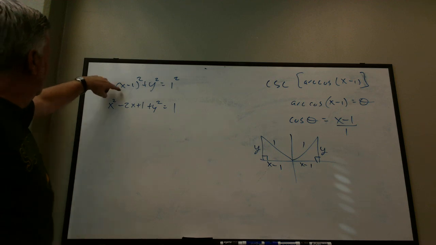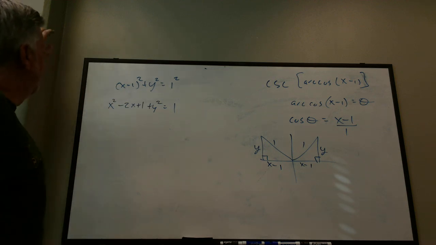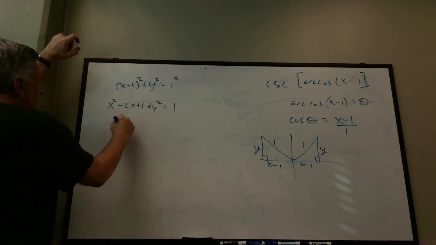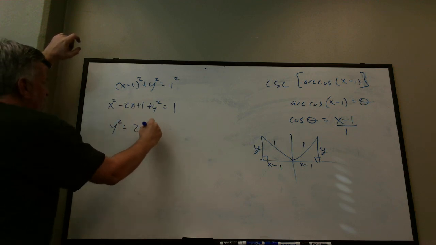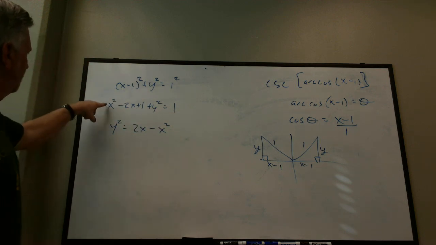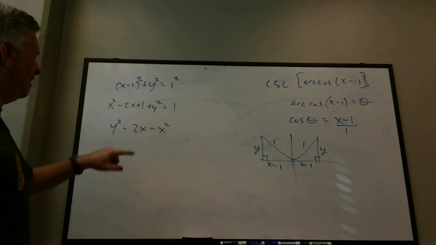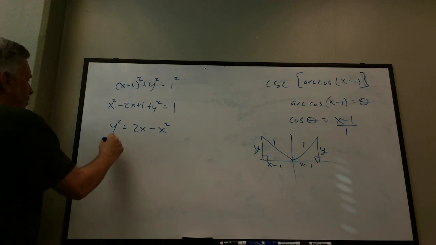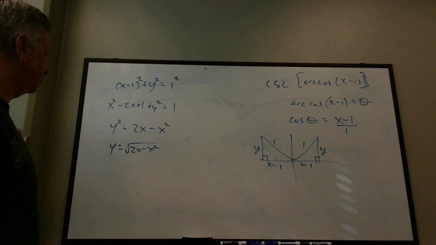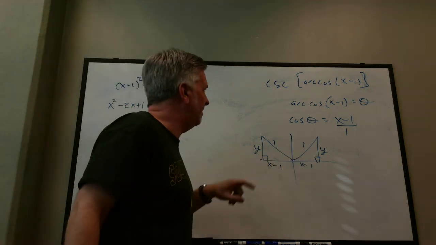Again, I'm trying to solve for y, so if I subtract all this from both sides, I get y squared is 2x minus x squared. The 1's subtract out, subtract x squared from both sides, add 2x to both sides. And notice y is the square root of 2x minus x squared. So that's y for both of these pictures.